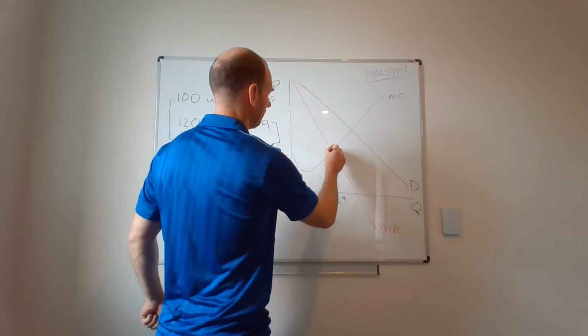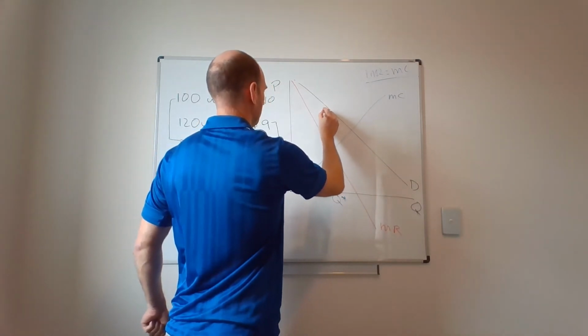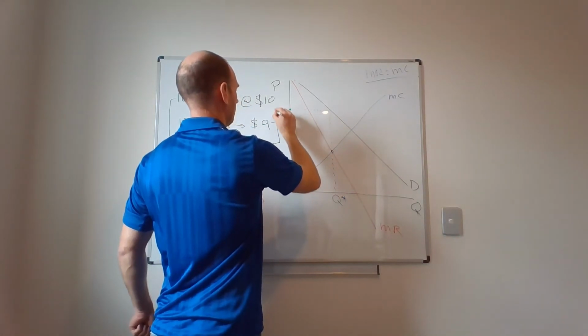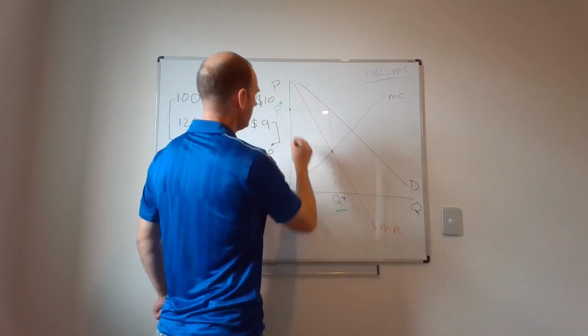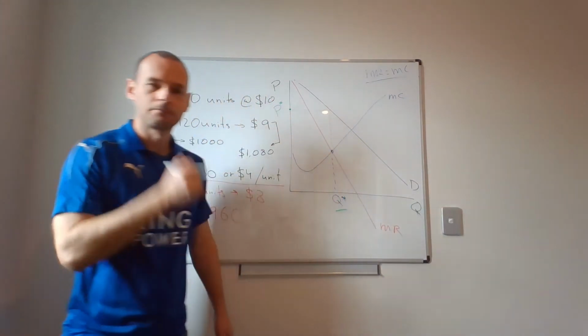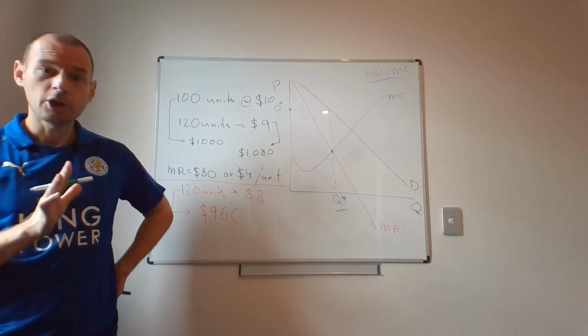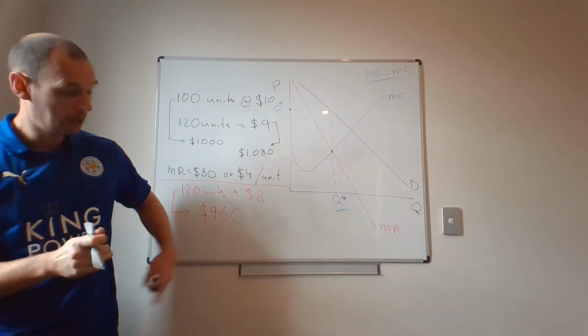Well, it's right here. We have our quantity, we have our price. All right. So that is the monopoly picture.